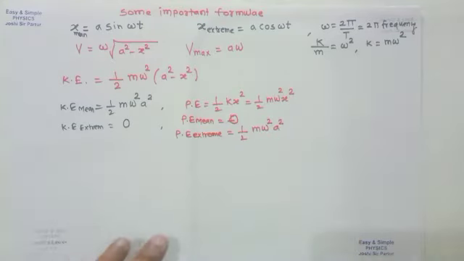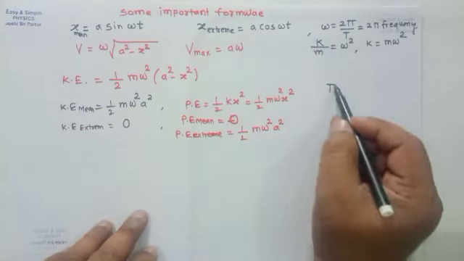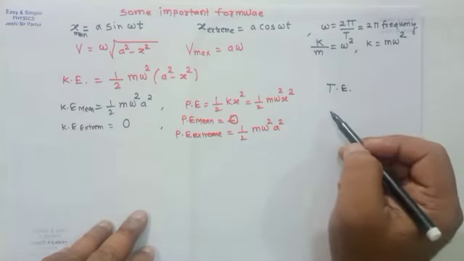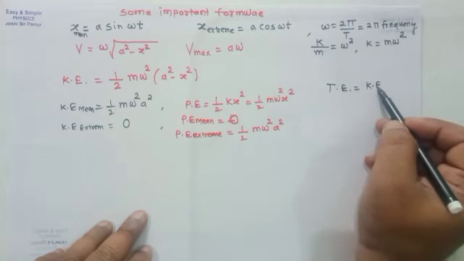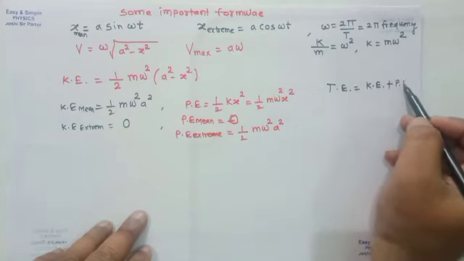Similarly, we know the total energy. So total energy of a particle performing linear simple harmonic motion will be kinetic energy plus potential energy.